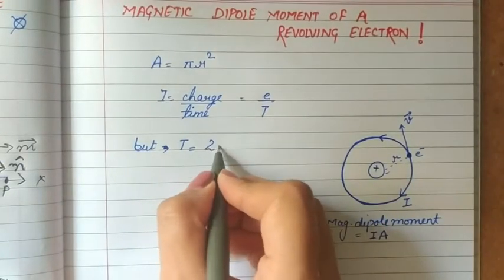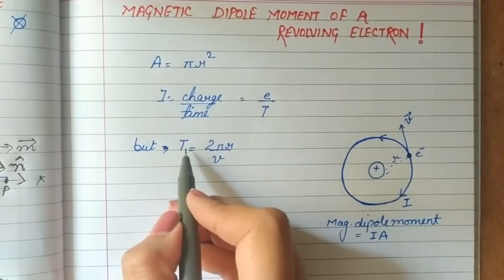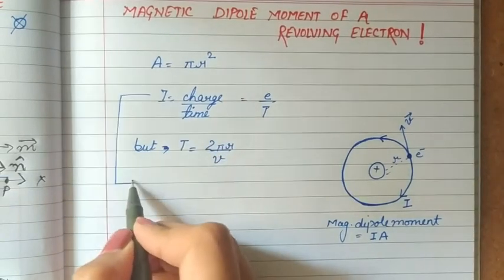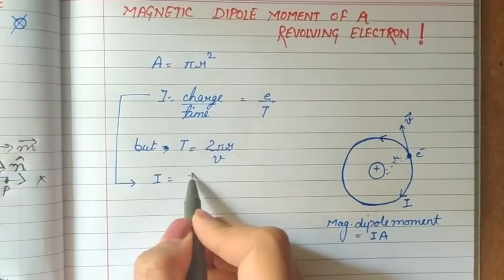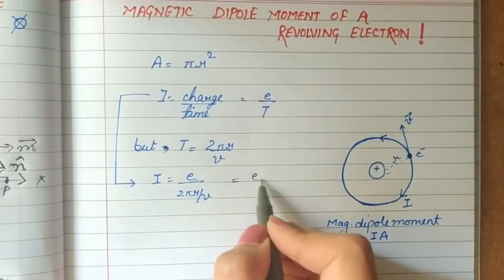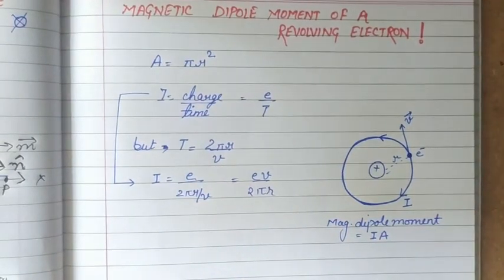So we can write it as 2 pi r upon v. This time period of revolution can be written as 2 pi r upon v. So the current that is flowing in the loop will be e upon 2 pi r upon v, that is ev upon 2 pi r.